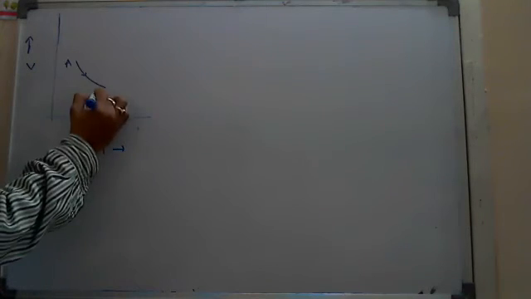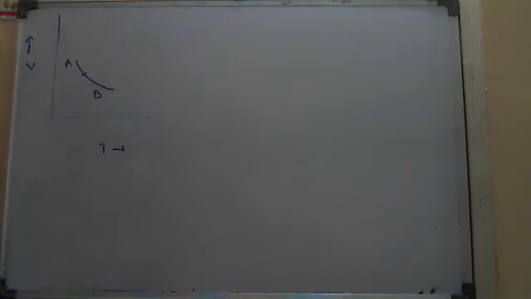This is one V and T graph. There he gave first one rectangular hyperbola A to B like this, and then from B to C the volume increases to some other point here.